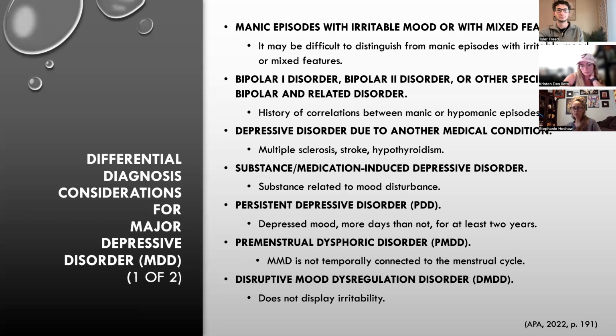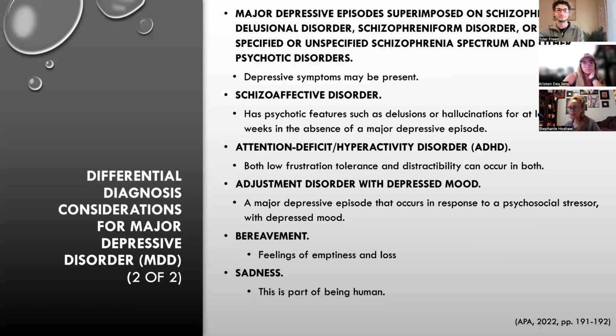And then disruptive mood dysregulation disorder. It doesn't display irritability as MDD does. As for major depressive episodes superimposed on schizophrenia, delusional disorder, schizophreniform disorder, or other specified or unspecified schizophrenia spectrum and other psychotic disorders.